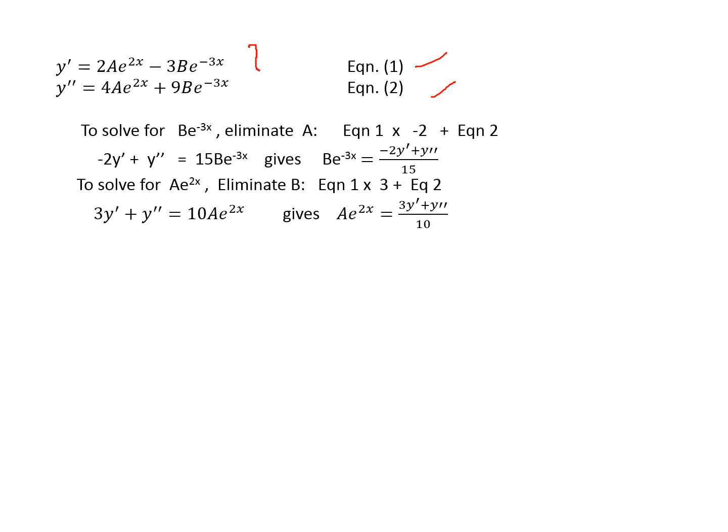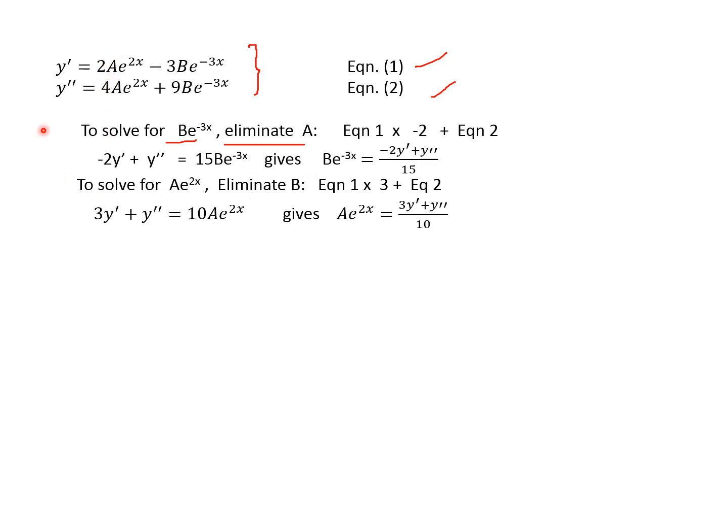Our first step is to eliminate algebraically a e^(2x), so that we can solve for b e^(-3x). How do you eliminate a? Multiply equation 1 by negative 2 and add to equation 2. That's negative 4 plus 4, so this will be eliminated.